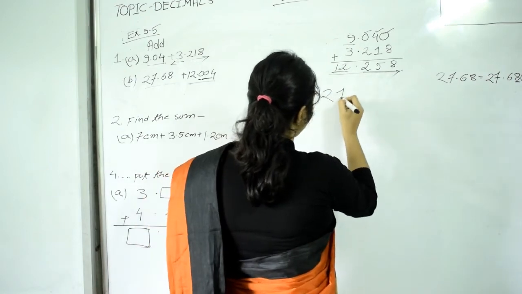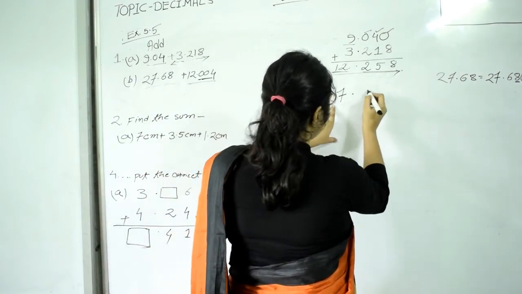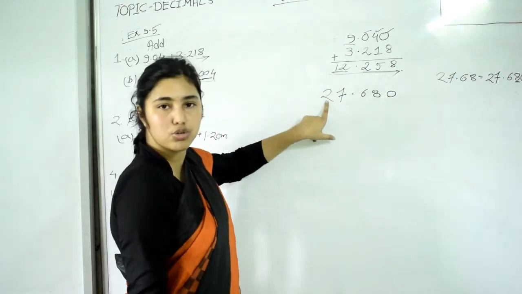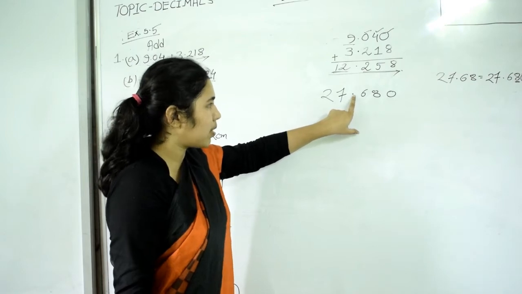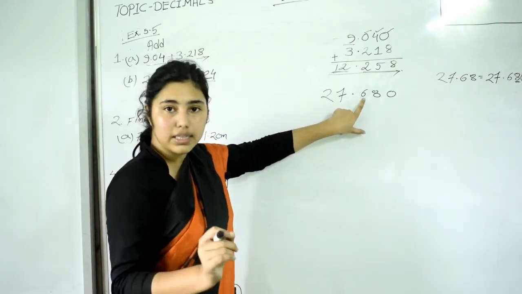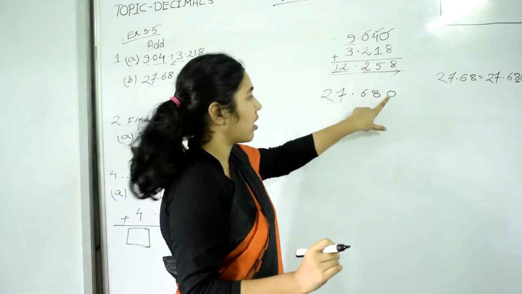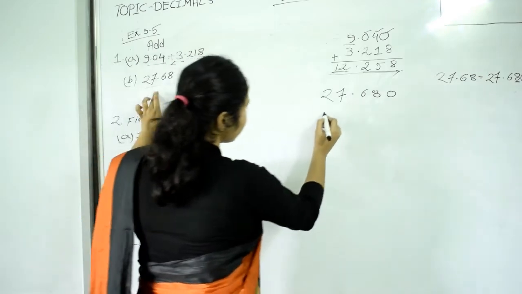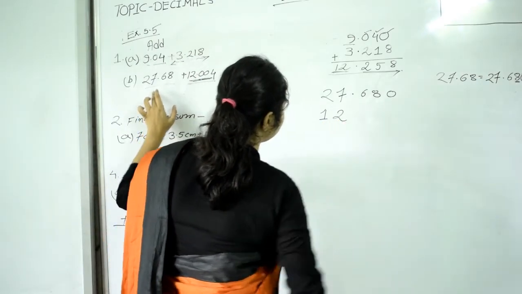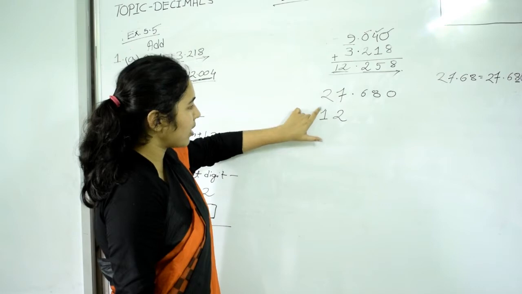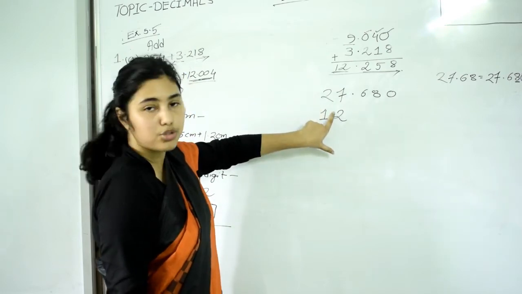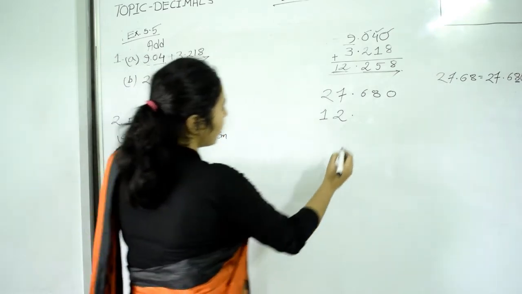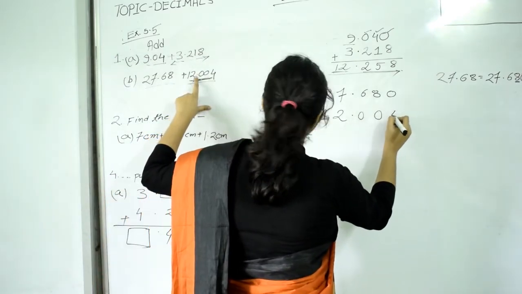Now write this number 27.680. 27, which means 2 tens, 7 ones, decimal point, 6 tenths, 8 hundredths, 0 thousandths. Now put this number, 1 in tens place and 2 in ones place. Point, decimal point, 0, 0, 4.